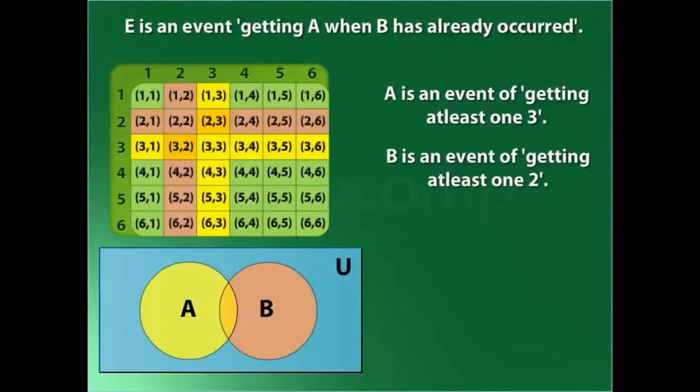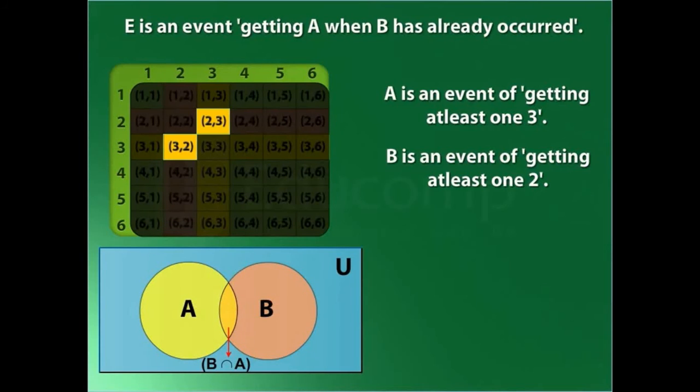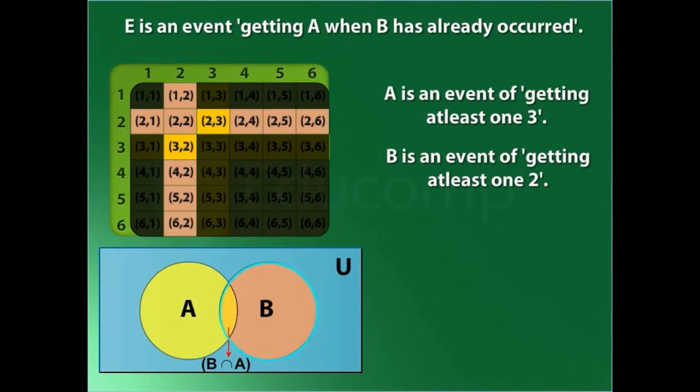If we represent this event in the Venn diagram, you can observe that it is a subset of set B and is represented by the region B intersection A. Thus, the set B becomes a universal set for such an event, and the probability of the event A when B has already occurred is the number of elements belonging to the set B intersection A upon number of elements belonging to the set B.